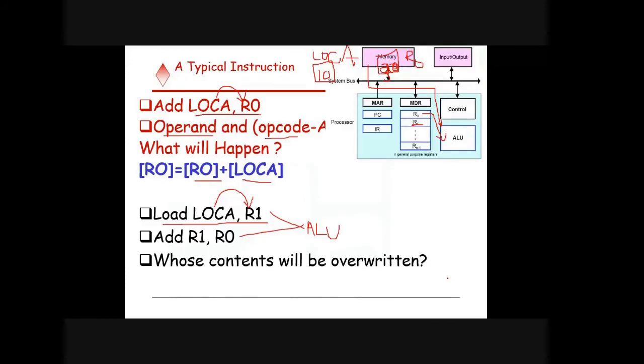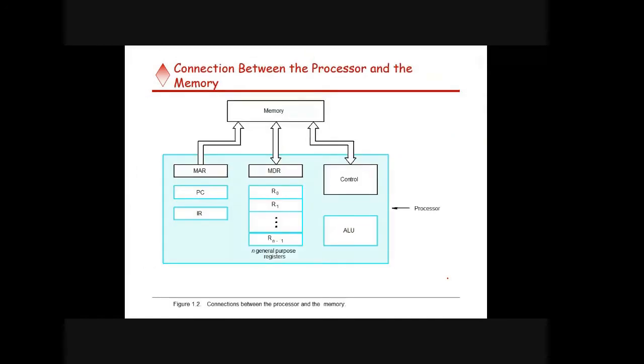Okay, that is the details regarding the typical instruction. Then we'll move on to the next part. So this is the complete structure of the processor. Already you know that the memory unit is outside the processor, and inside the processor you have different registers like MAR, MDR, PC, IR, and the general purpose registers, ALU, and control unit.